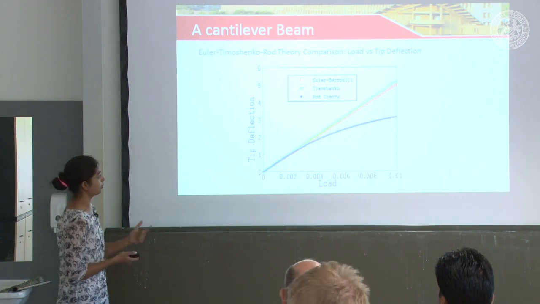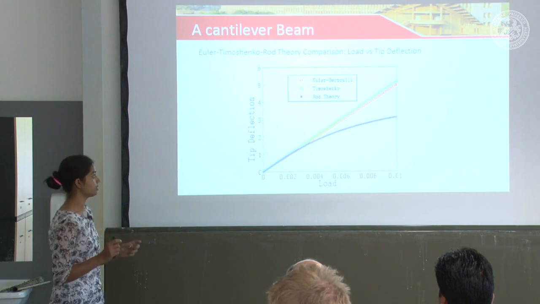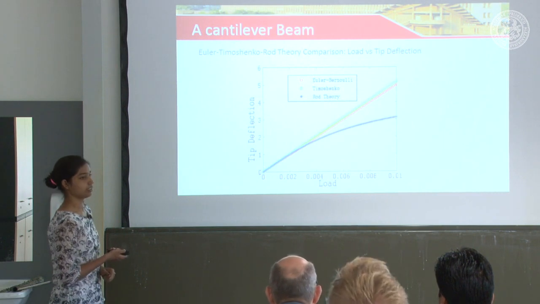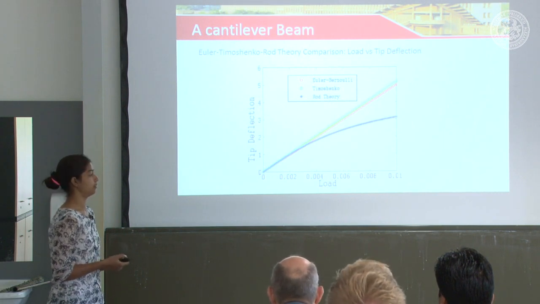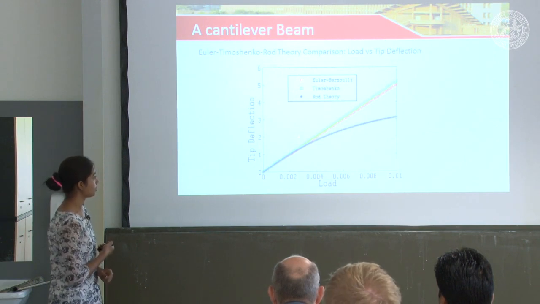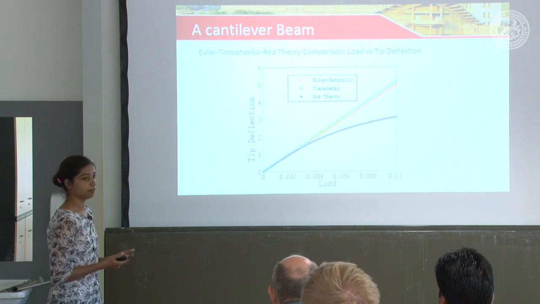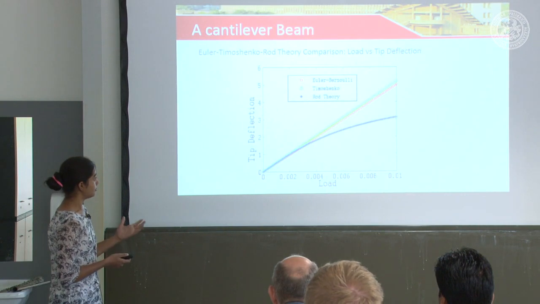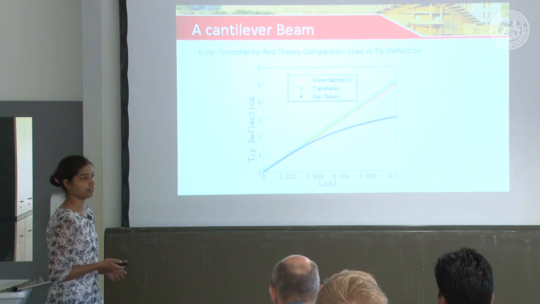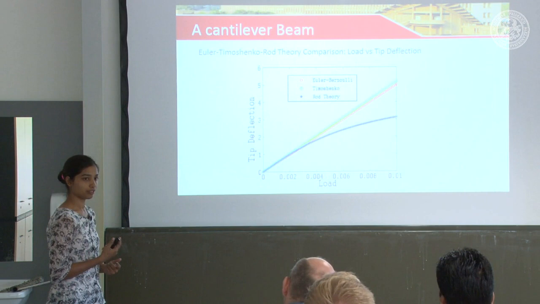As we know, the rod theory incorporates large deflections and large rotations, and Timoshenko and Euler beam theories hold for the linear regime only. So, they agree only for smaller loads, but at higher loads they deviate from the actual path. So, this is all about load versus tip deflection. Any doubts?